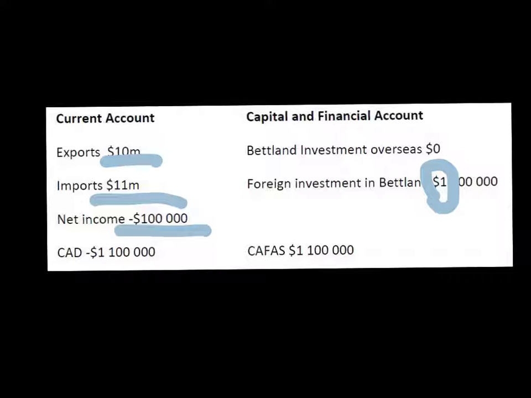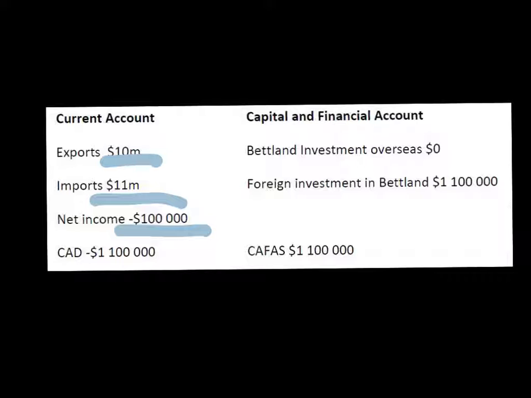So that's an income repayment, an interest repayment, debt servicing of $100,000. So in fact, if we look over at the CAFA, we'll just rub that out. Now the foreign investment coming in to Betland is the original $1 million loaned, but then the next $100,000 that was borrowed in order to repay that interest repayment.